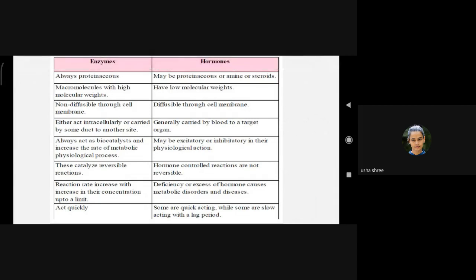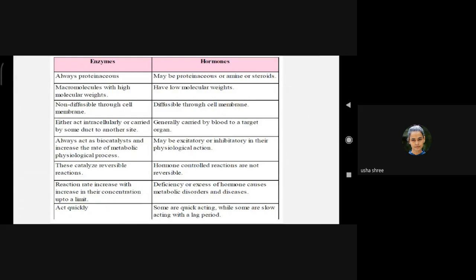Where we were, discussing enzymes and hormones. So enzyme reaction rate increases with increase in their concentration up to a limit. Means as the concentration of enzymes increases, the reaction rate also increases.